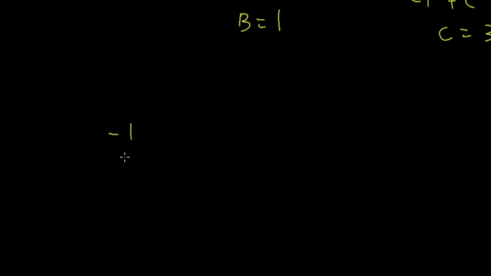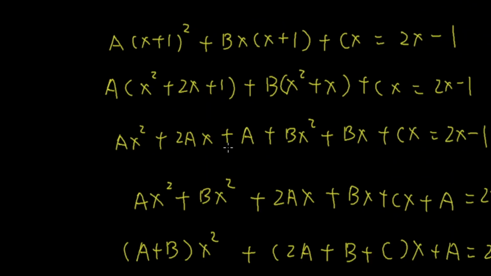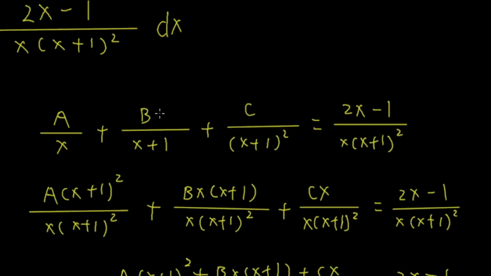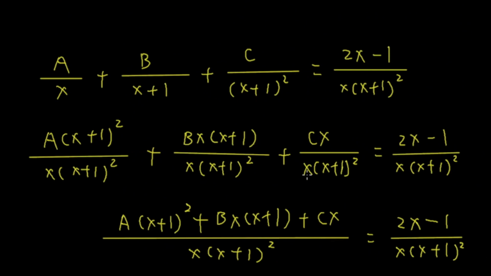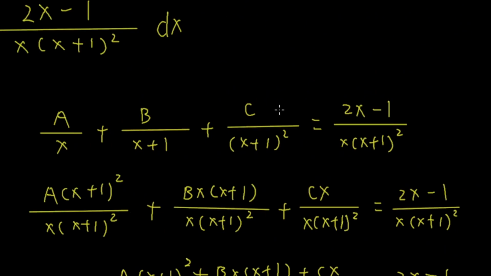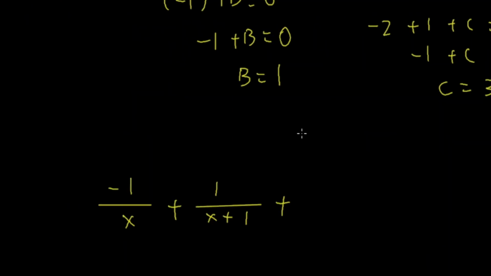Negative 1 over x, plus, what's this? b, right? b over x plus 1. b is 1, so 1 over x plus 1. Now plus c over x plus 1 all squared. So c is 3.